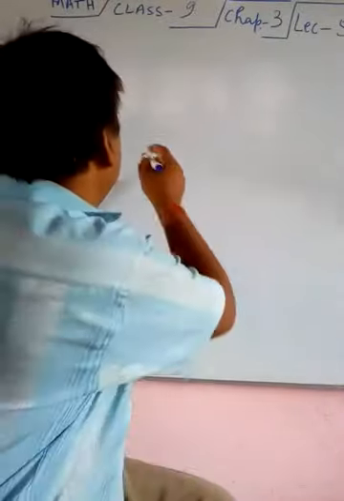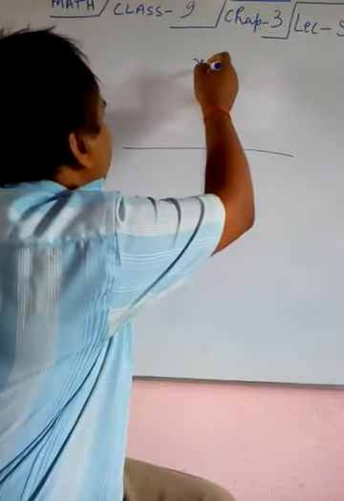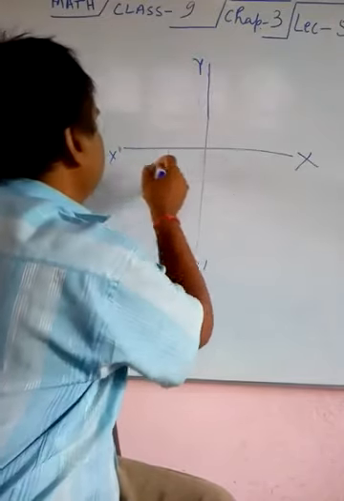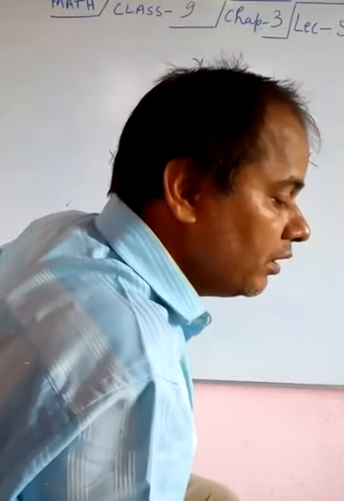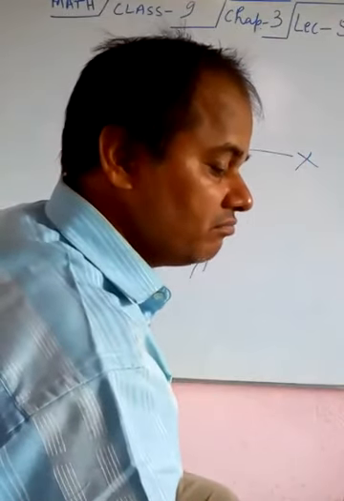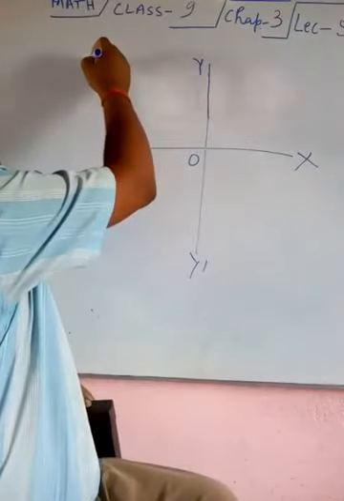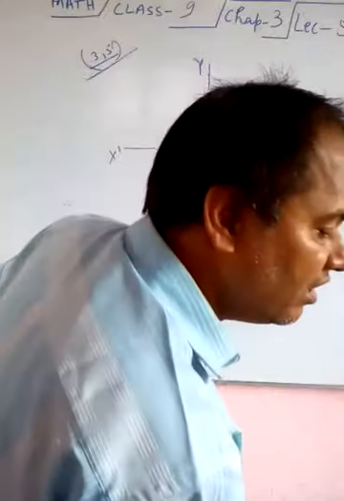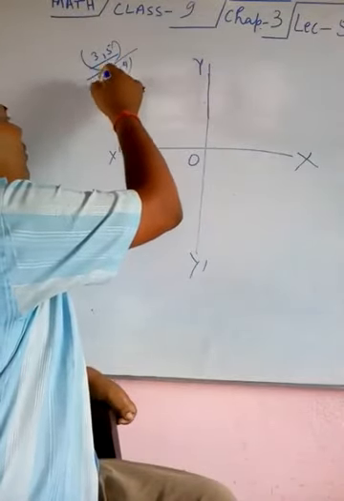See, there are two axes. This is the y-axis and this is the x-axis, and this is the origin. Now you have to plot the point (3, 5), and then the second one is (5, -4).